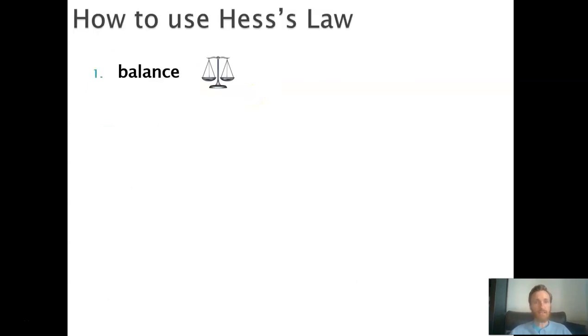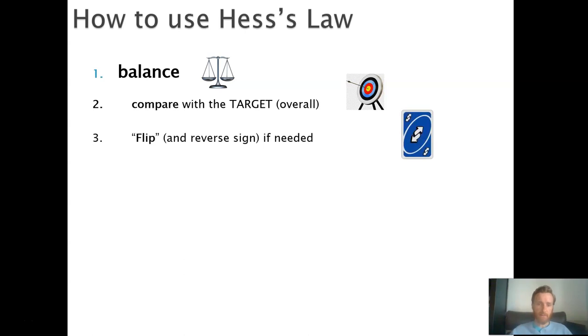So how to use Hess's law? Well, we need to balance. Always balance in chemical reactions. We've got to make sure it's balanced. We need to always keep the target in mind. We need to flip the reaction and reverse the sign if needed in order to get that target, in order to cancel.